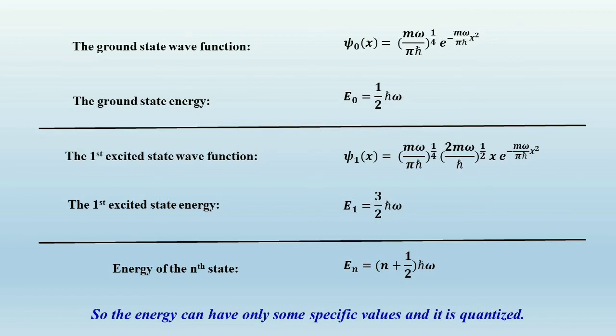For the ground state, n equal to 0. For the first excited state, n equal to 1, and so on. From here it is clear that energy cannot have any arbitrary value like a classical harmonic oscillator. It should have a particular value, n plus half h cut omega, and it should be quantized. So for the quantum harmonic oscillator, the energy is quantized.